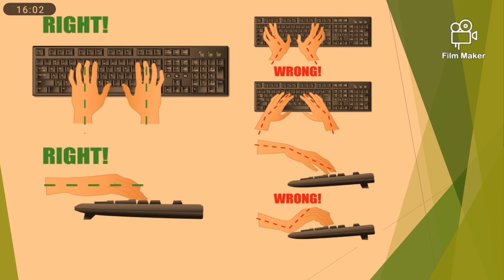Remember, if you are doing any prolonged handwork, you have to maintain your wrist joint in normal neutral position. Neutral position, not flexed, not extended, not abducted, not adducted. You have to keep it neutral. See the wrong postures on right side.